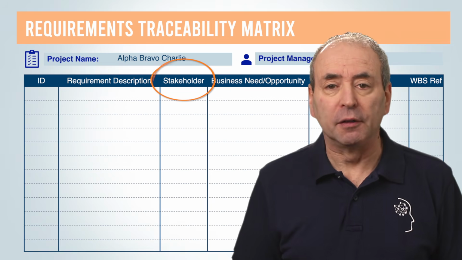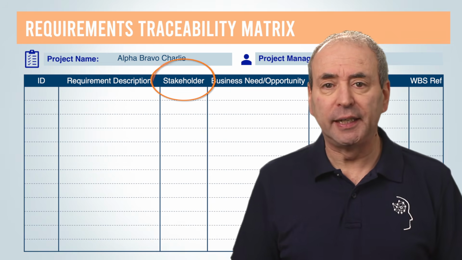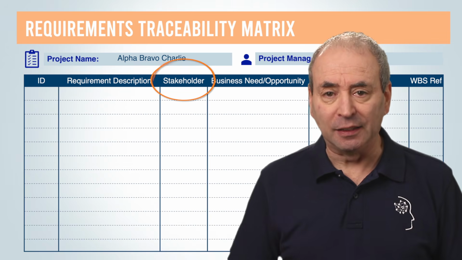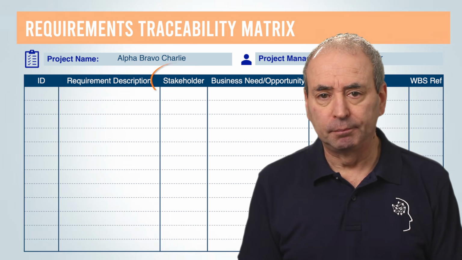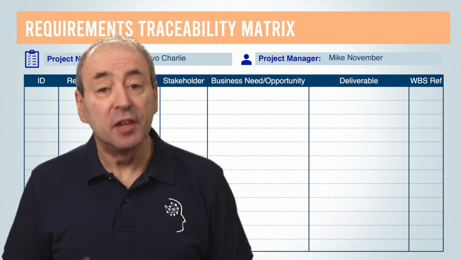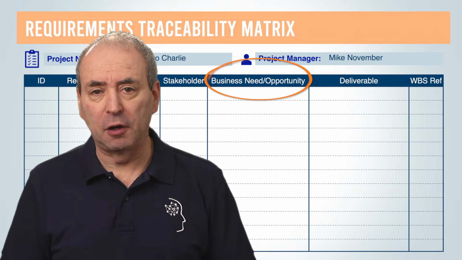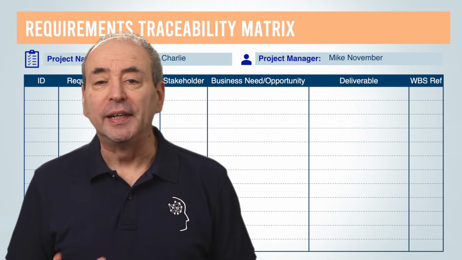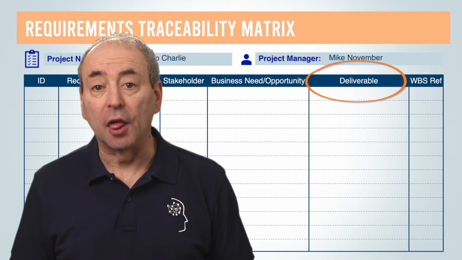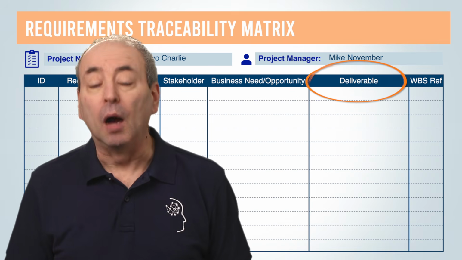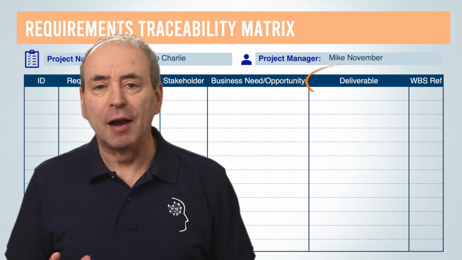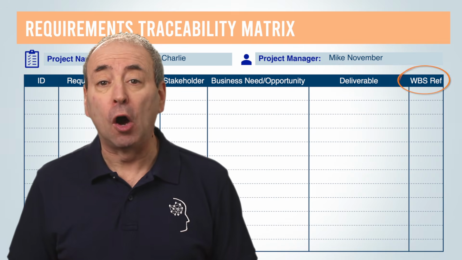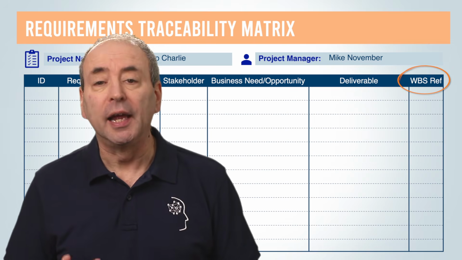Maybe it will be to the function or the division that is requesting it, or maybe it will be to individual stakeholders. Next, we need to document the need or the opportunity that the requirement will fulfill. And finally, of course, we need to identify the deliverables that will meet the requirement. And we usually do this by reference to the work breakdown structure or product breakdown structure index.